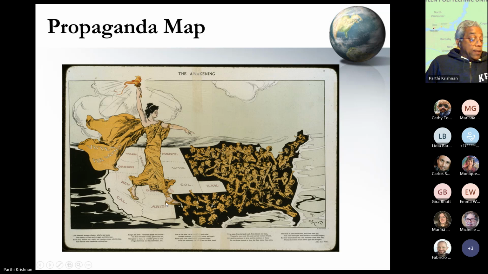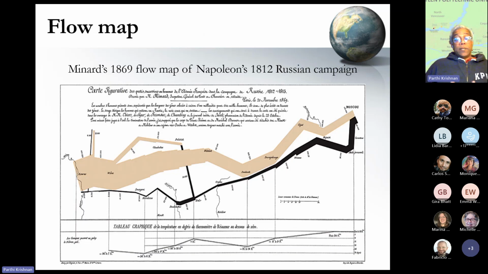The next thing I want to show you is that maps do not necessarily need to represent the actual landscape. So this is an excellent example of a flow map. It is Charles Joseph Minard's 1869 flow map of Napoleon's failed 1812 Russian campaign, and is often used as a classic example of spatio-temporal visualization, where it shows both space and time.